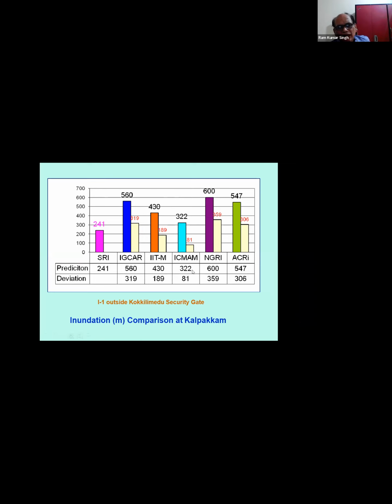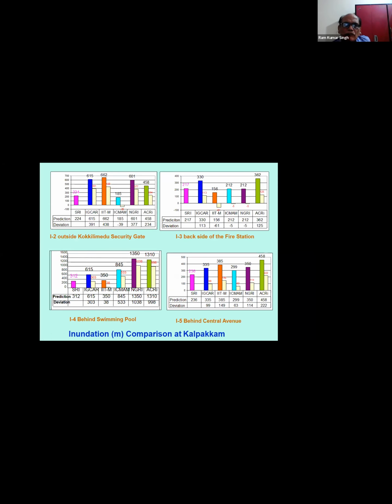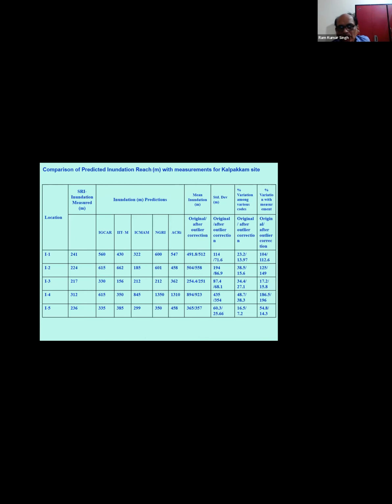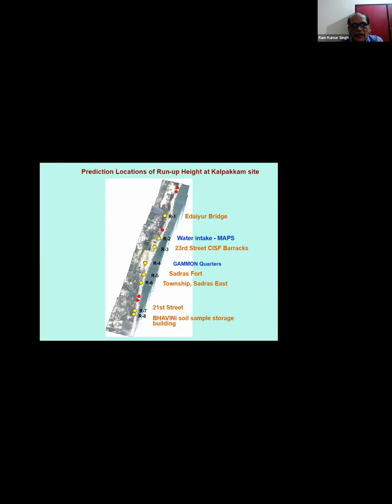But we got satisfied in the sense that at least they calculated some results, some good, some poor. So inundation mapping was not so good in this case. At some locations, yes, we could get good results, but the wave run-up was mostly very good. So wave run-up is the first criterion, or first input, that you require at various locations.